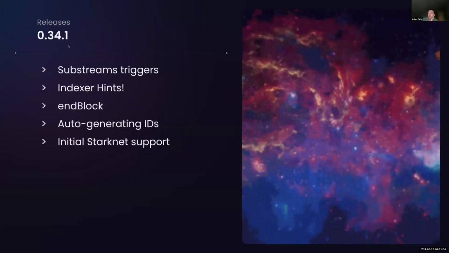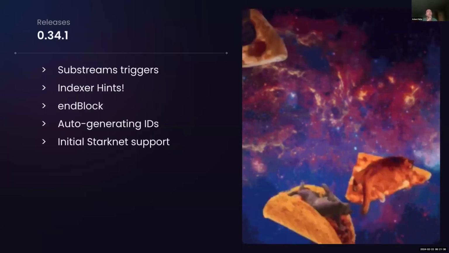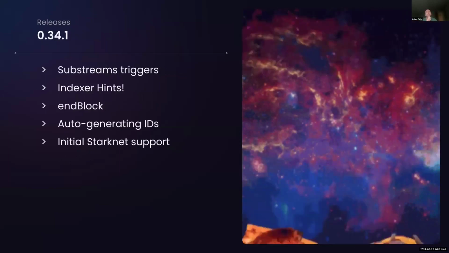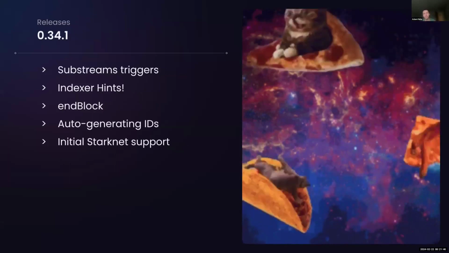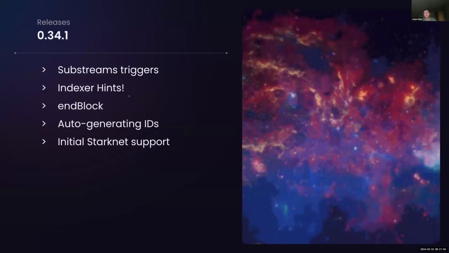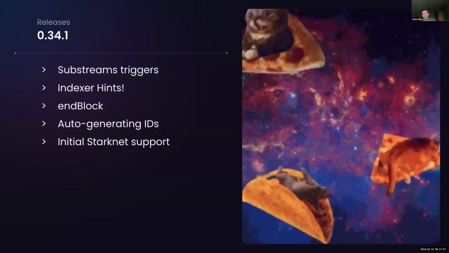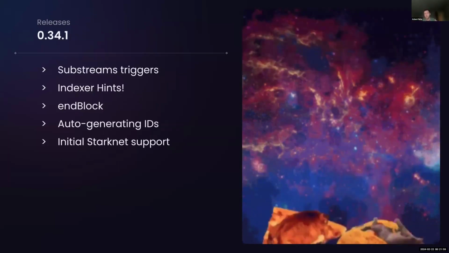So there's some more substreams triggers. Previously the graph node integration was dependent on a very specific interface between substreams and graph node. So essentially on substreams which output graph entities, so essentially just entity changes. This allows for a bit more flexibility in that integration, in that you can take the output of any map module and then process it in subgraph handlers.